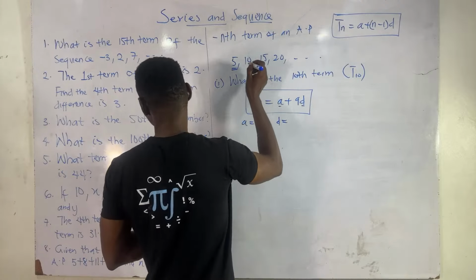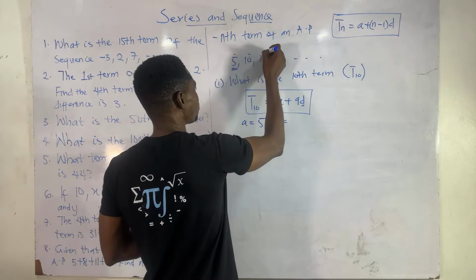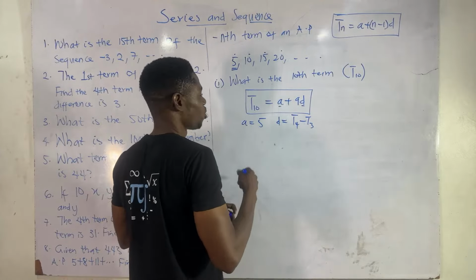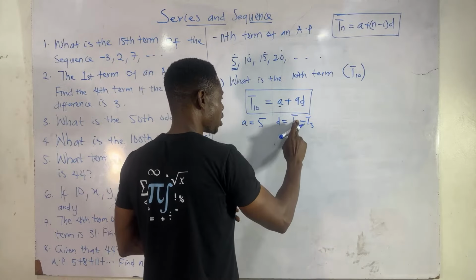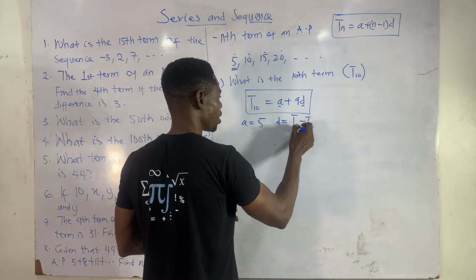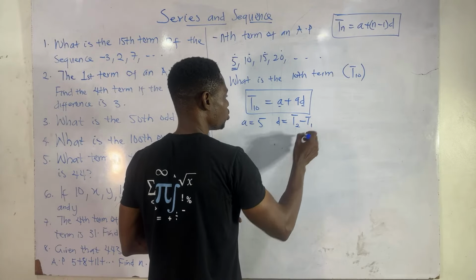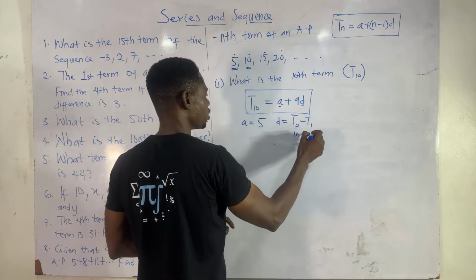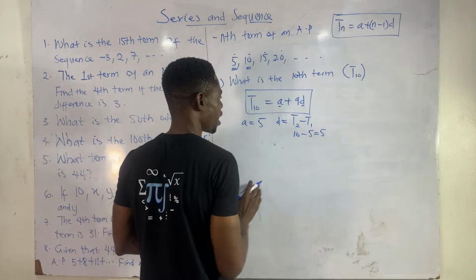We can just say T4 minus T3 or T2. Okay, let's use T2 minus T1. You get the same answer. T2 minus T1. So what's our T2? 10 minus our T1, 5, which is 5.